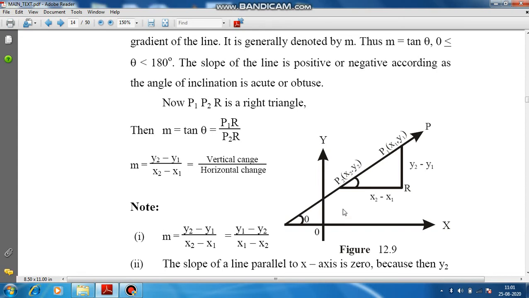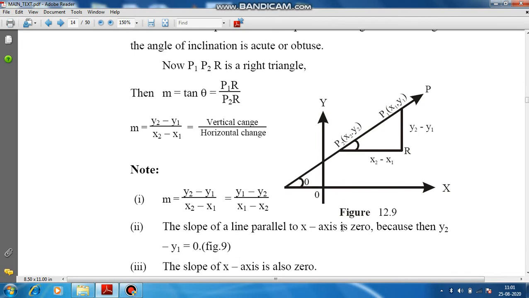How it is calculated, how it is found, you see. If this is theta, from (x1, y1) we draw a perpendicular on the x-axis, and from (x2, y2) we draw another perpendicular on this perpendicular.